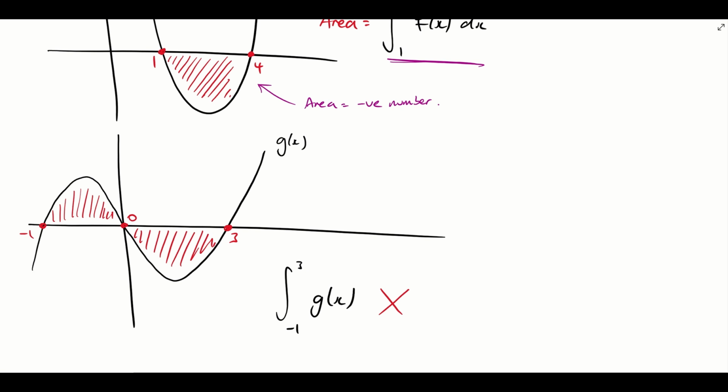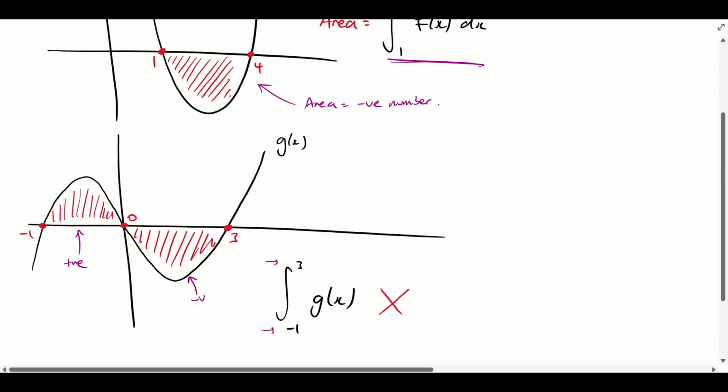So what we would see happen is if I just integrated from -1 to 3, this positive area would start to cancel out this negative area in the calculation, which we don't want. So we're going to get an answer close to 0 if I just went from -1 to 3. What I need to do is split this integral up. So I would go from -1 to 0 and calculate that positive area first.